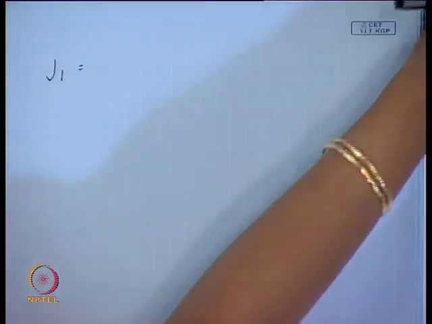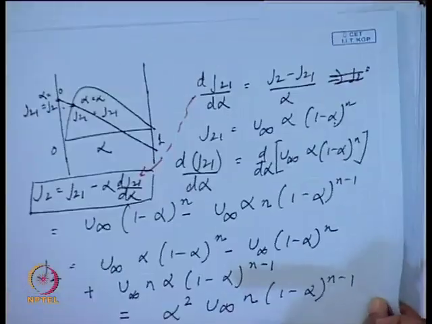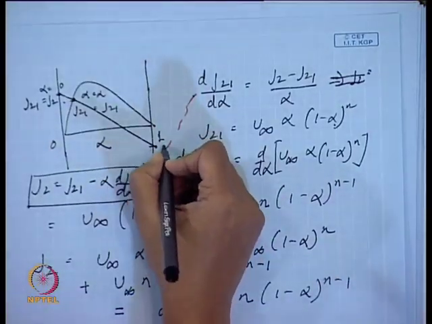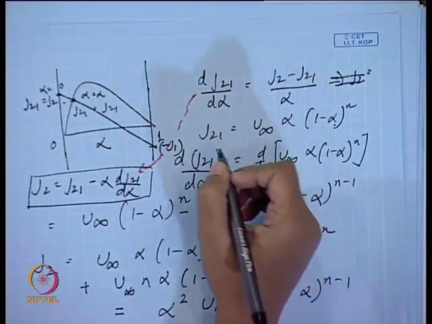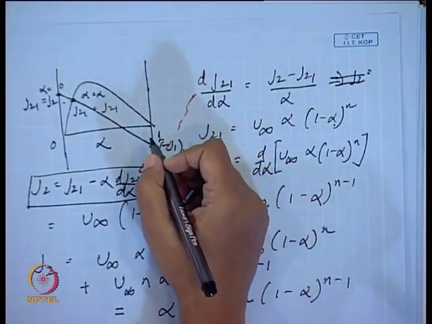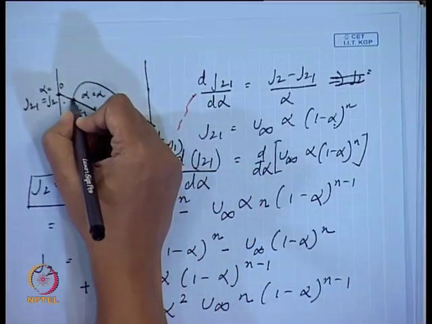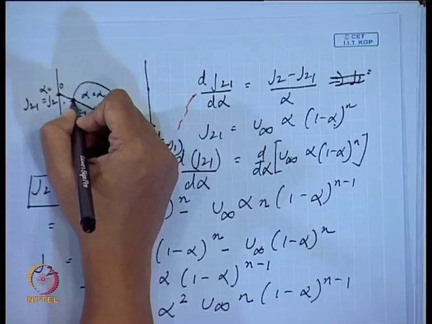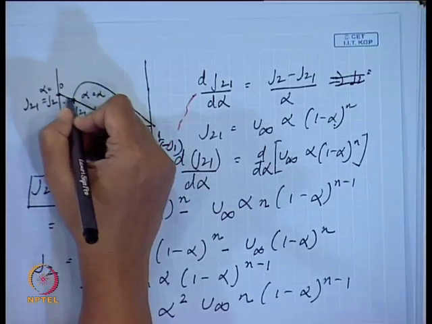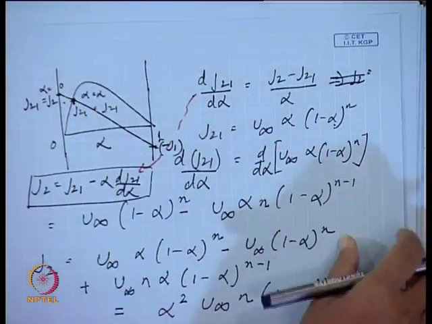J1 equals to, we know from this particular graph, this is minus J1, isn't it? So, from here we know that minus J1 minus, say, J21, this will be alpha equals to 1, this is alpha equals to alpha. Okay. So, we can find out the slope from these 2 points, we can also find out the slope from these 2 points, isn't it?